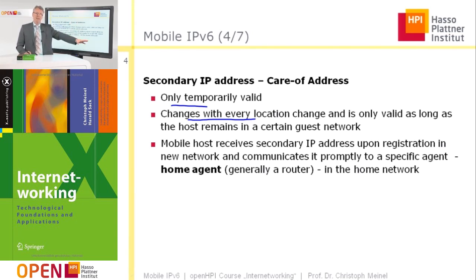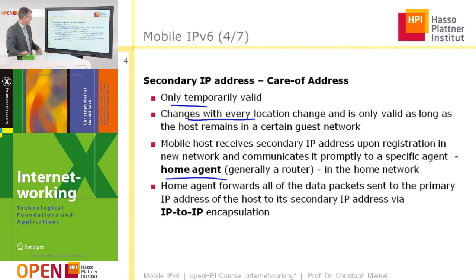So in the guest network, the mobile host gets a secondary IP address, and now the mobile host sends this secondary address to a specific agent, the so-called home agent. Typically, it's a router in its home network. So the router in the home network does know, of course, the primary address of the mobile host, and after this announcement, the router also knows the secondary IP address.